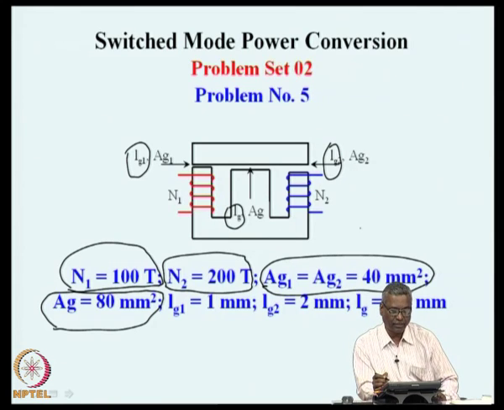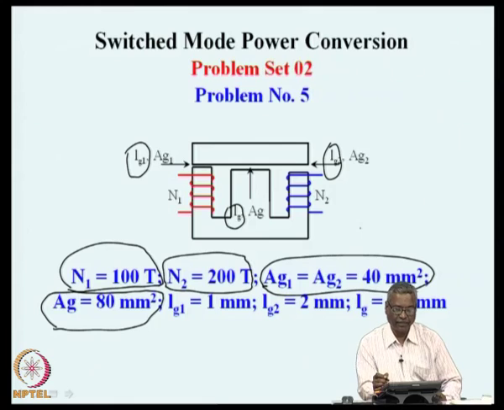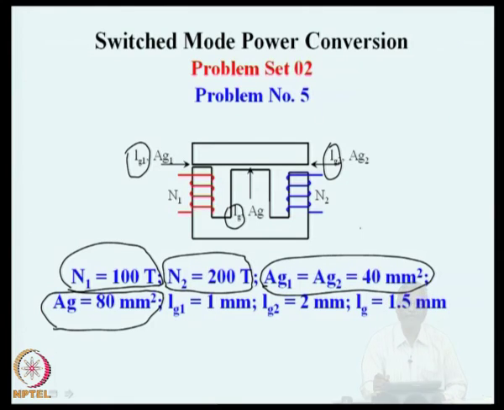In this particular geometry, we wish to know what are the various self inductances L1 and L2, and we also wish to know what is L12, that is mutual inductance between the windings 1 and 2 in one direction and in the other direction L21.